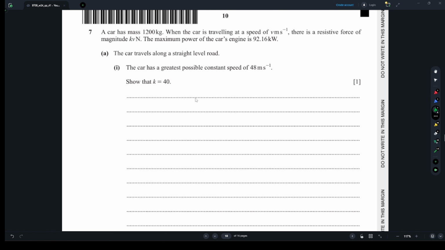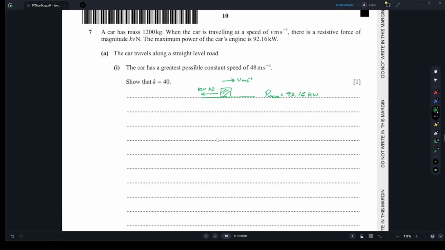So in that case, let's say this is our car, and when it is moving with v meters per second, then there is a resistive force of kV newtons, and the maximum power is this one, 92.16 kilowatts.